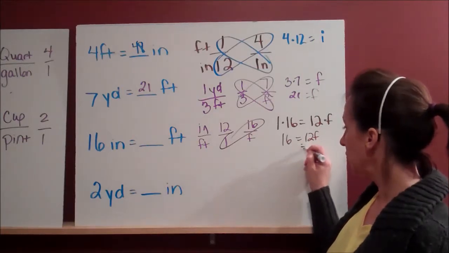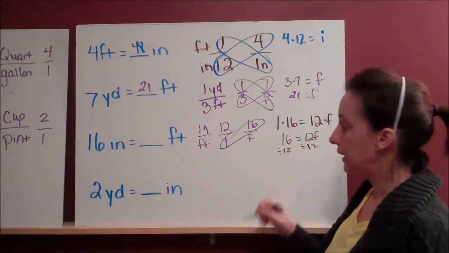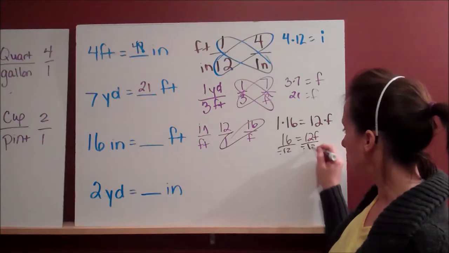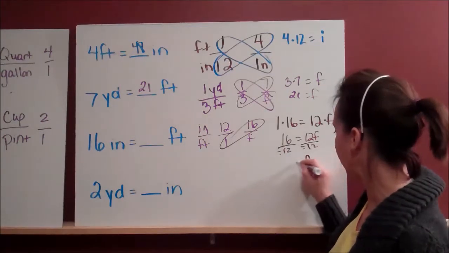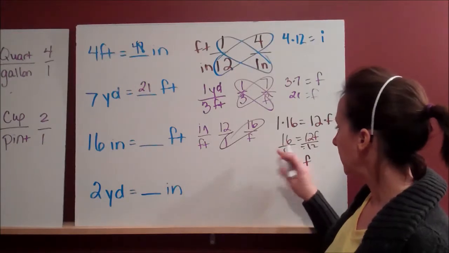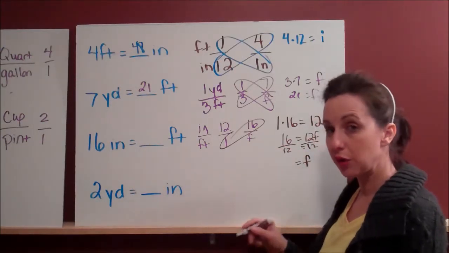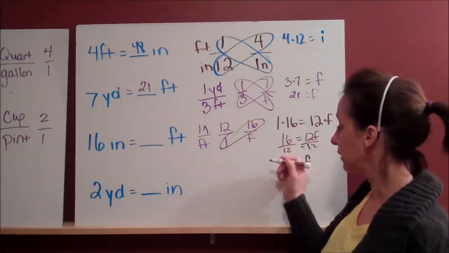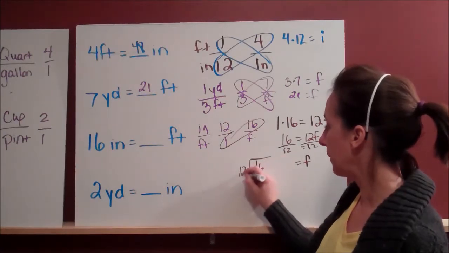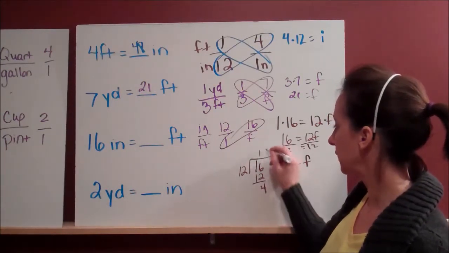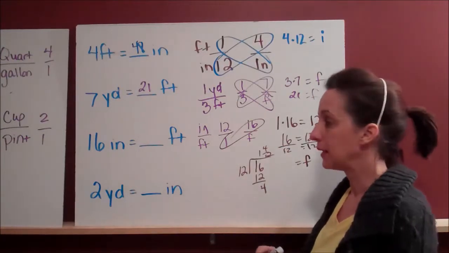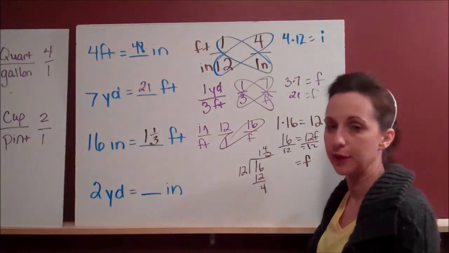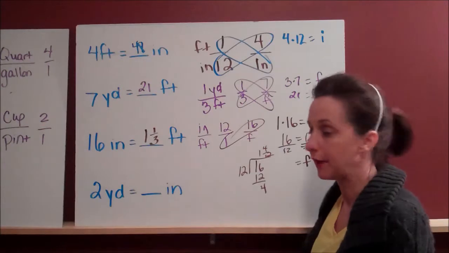So I'm going to divide both sides by 12, because division is the opposite of multiplication. So 12 times F divided by 12 is F. And you see here I have 16 divided by 12, which is really an improper fraction as well as a division problem. So you can solve this by turning that improper fraction into a mixed number. And so we know that 16 inches is 1 1/3 of a foot, or 1 4/12 of a foot.